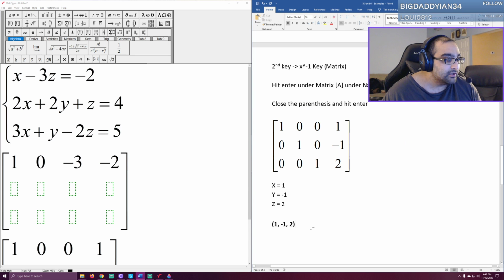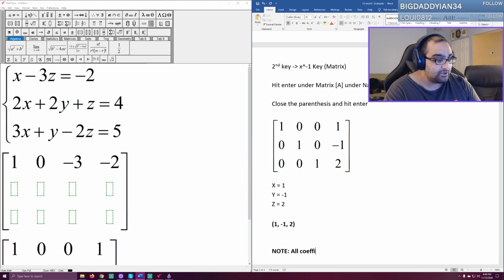That's better. One thing I do want to talk about here is an important note. We have x minus 3z is equal to minus 2. Even if you don't see a y, that still needs to be represented. So all coefficients for all variables must be represented.